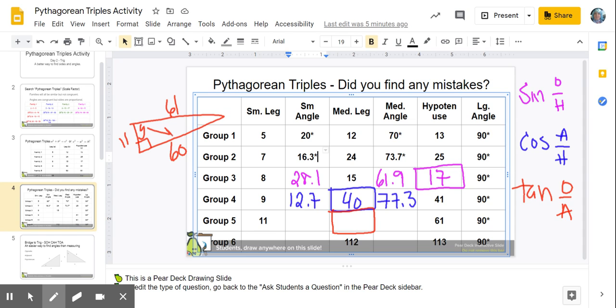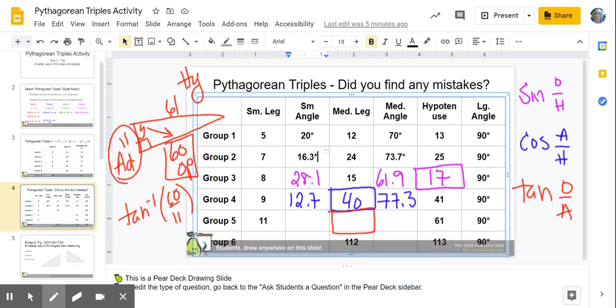60, absolutely. Go through that triangle. This is the opposite side, which means what's the adjacent side? 61 is always the hypotenuse because that's opposite the right angle. So I need adjacent over here. So inverse tangent, 60 divided by 11.